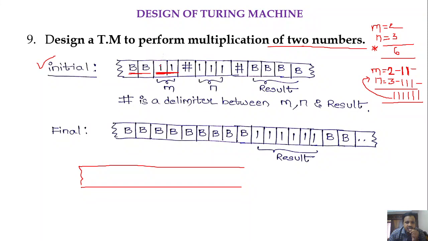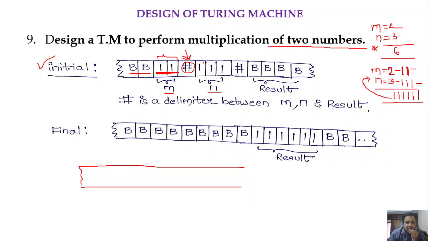To represent the end of m input and the beginning of n input, I am using a delimiter hash. The delimiter hash indicates that the m input has completed, and if we move the head towards the right after the hash, it gives the n input. So we are separating the inputs m and n by using a delimiter hash.